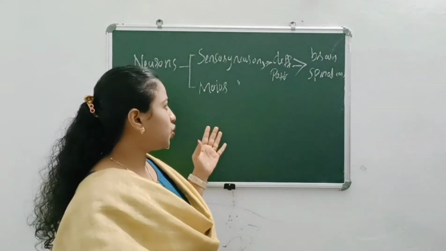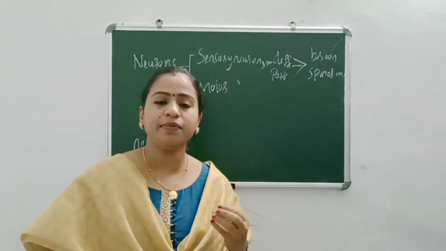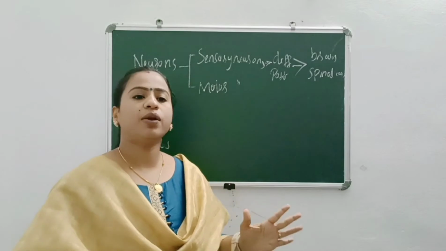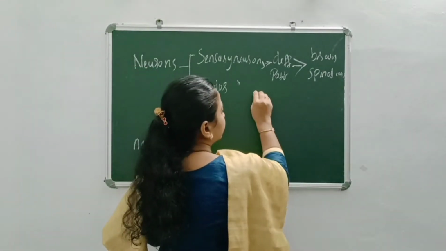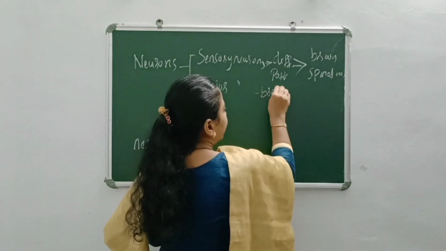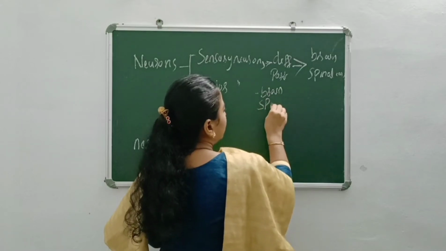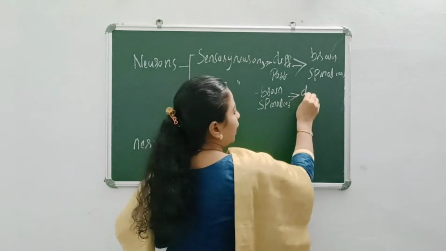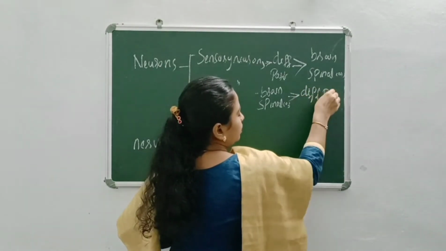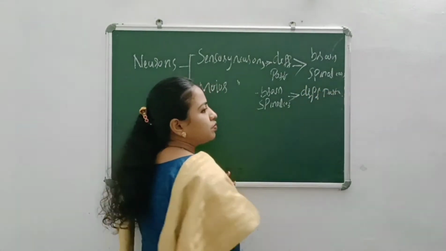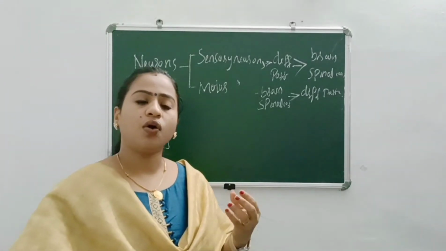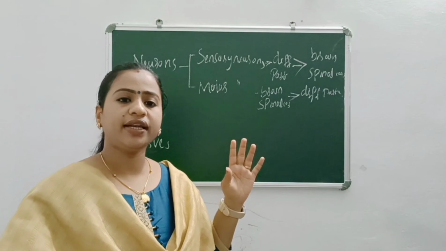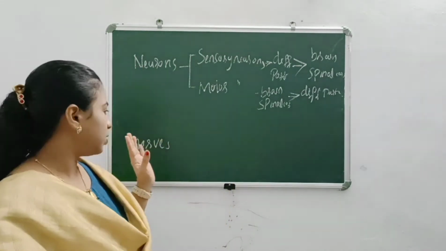In the case of motor neurons, they carry impulses from the brain and spinal cord to different parts of the body. So, there are two types of neurons, motor neurons and sensory neurons.